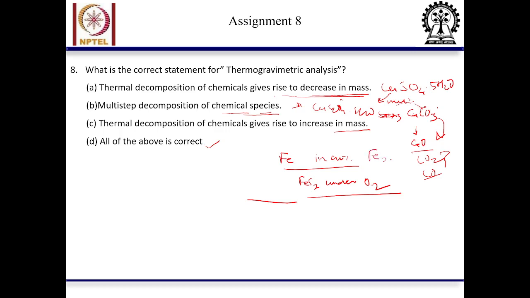Basically here it will form iron oxide, Fe3O4. Here it will form ferrous sulfate, FeSO4, ferric sulfate. These two examples we have seen, yesterday I showed you this, today I showed this, where thermal decomposition of chemicals gives rise to increase in the mass. So ultimately your option D is correct.